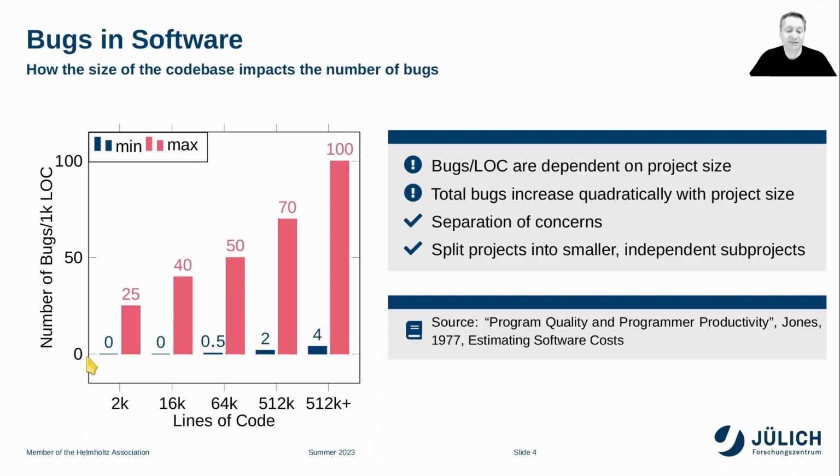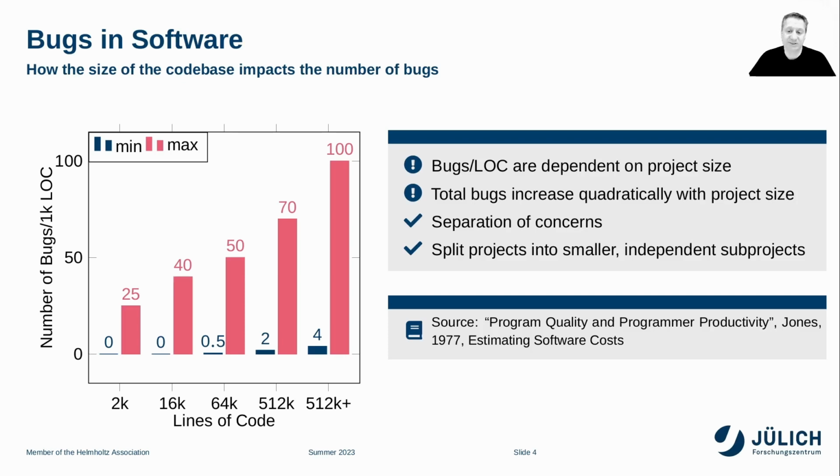And what you can see is you would expect that this number stays constant, so independent of the code size, the number of bugs only depends on the number of lines. But what you can see is that the number of bugs increases. So basically, this means if you have a large code base, you will have much more bugs than if you would have several small code bases. So then the bugs per lines of code basically depend on the project size.